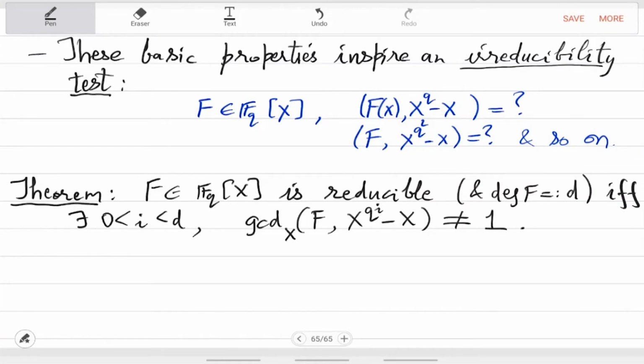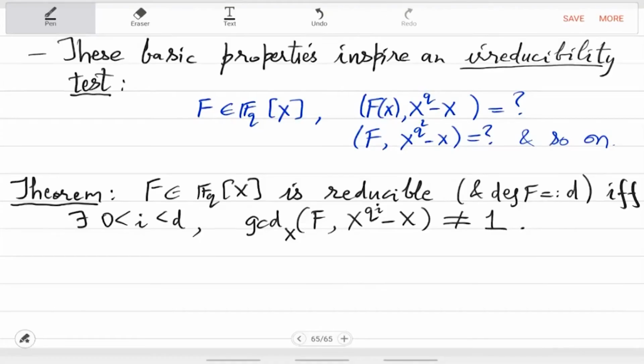So if big F has a non-trivial factor, then the GCD will not be 1, and if the GCD is not 1, then there will be an irreducible factor. In fact, just the GCD operation will give you a factor of big F. Okay, it's a constructive proof.